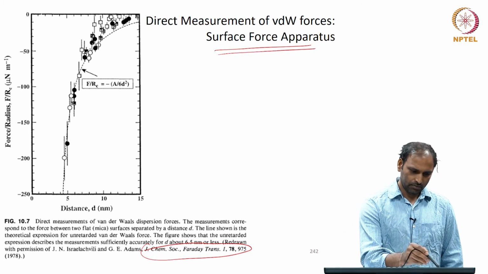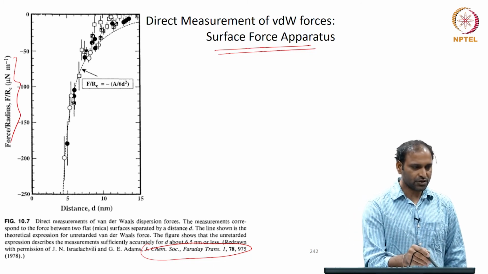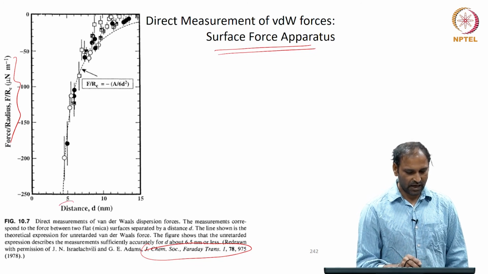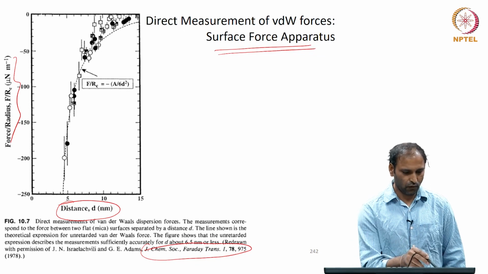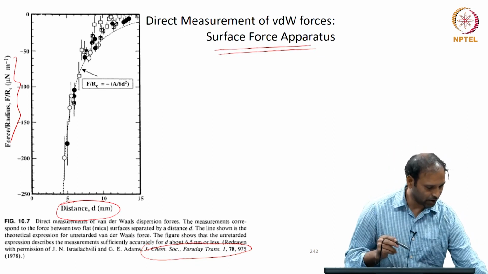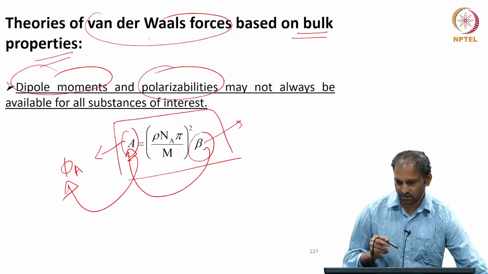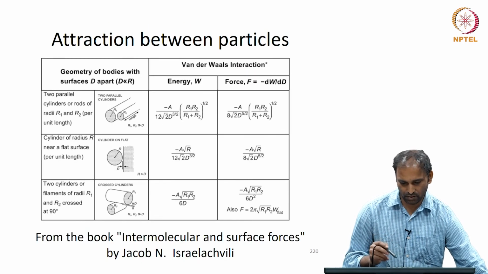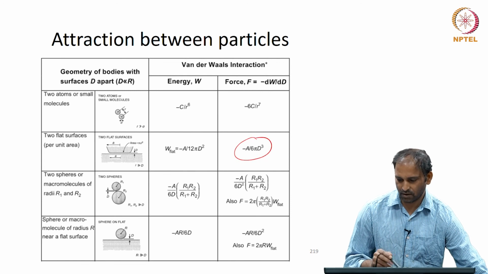What is being measured here is force divided by radius as a function of distance, okay. Force divided by radius. I will just go back to that expression. We had that in one of the classes, right. So, if you look at this interaction force, where was that? That was here, okay.